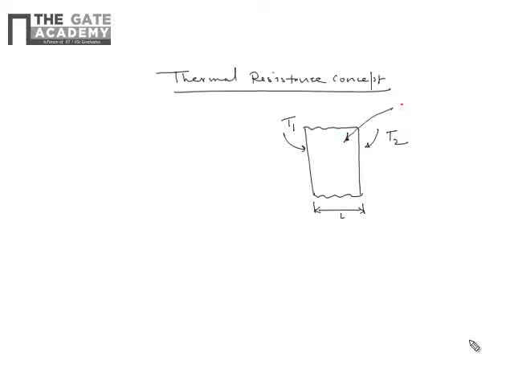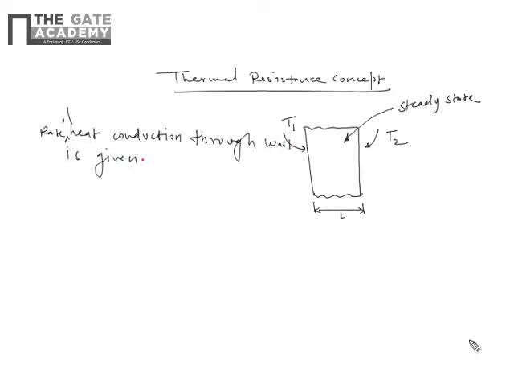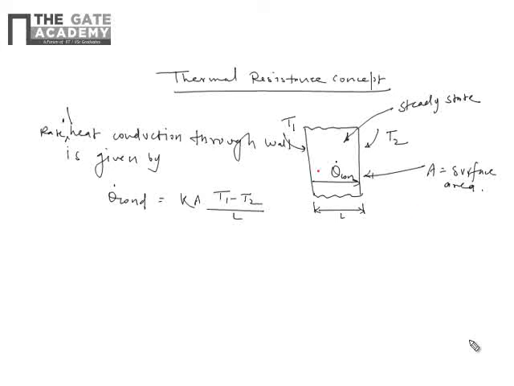If the heat conduction through the wall is steady state, then the rate of heat conduction through the wall is given by, if we are saying conduction is in this direction, Q dot conduction equals KA (T1 minus T2) upon L, where A is the surface area of the wall and K is the thermal conductivity of the material.